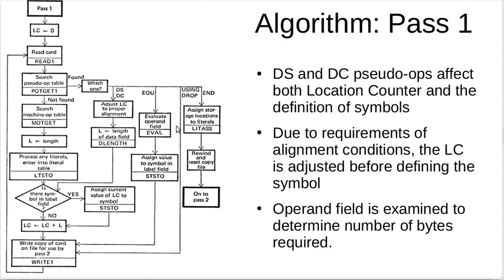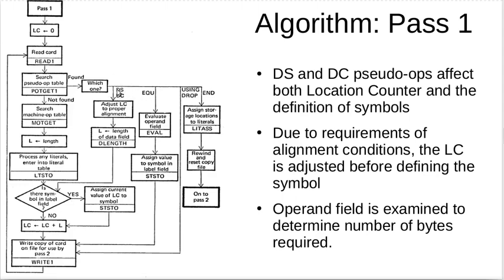Similarly, the DS and DC pseudo ops affect both the location counter and the symbol definition. The previous ones did not affect the location counter at all. Now DS and DC affect both the location counter and the definition of symbols. Due to alignment requirements, the location counter has to be adjusted before defining the symbols, because DS and DC are both associated with defining values, which we have already studied.